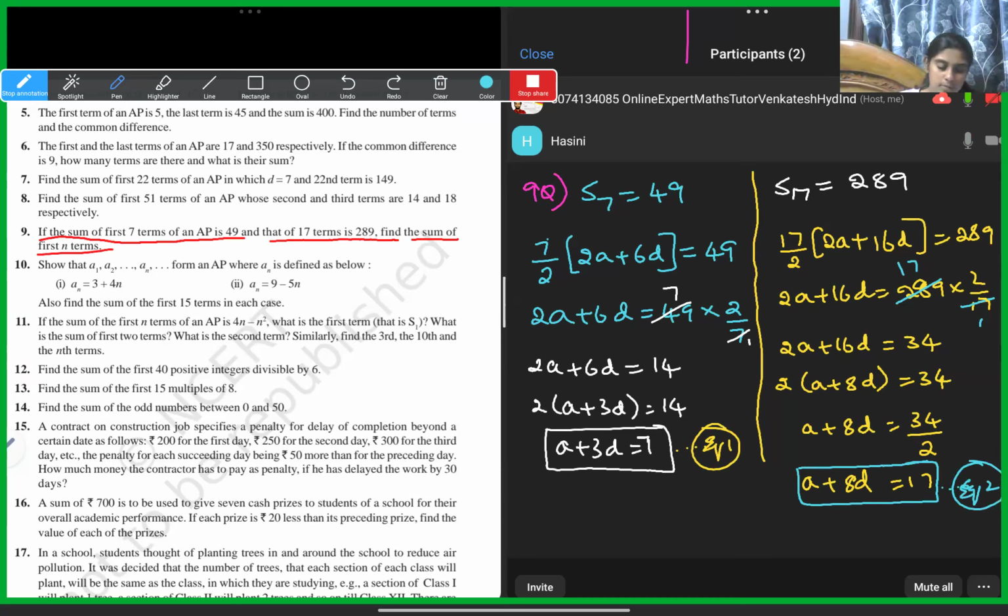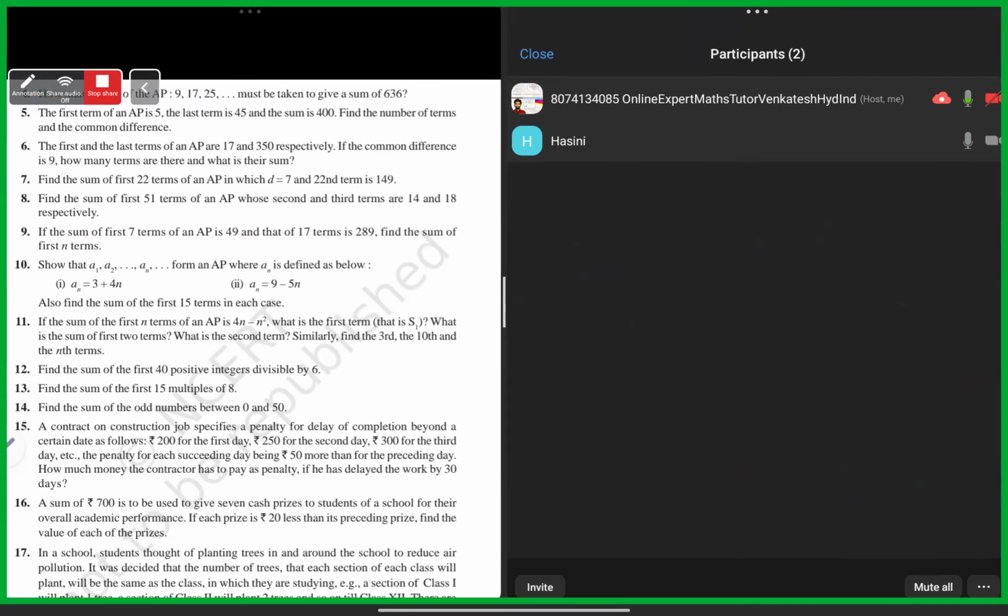Now we'll solve equation 1 and equation 2 to get a and d, then we can find the sum of n terms. I'll do this on the big screen.